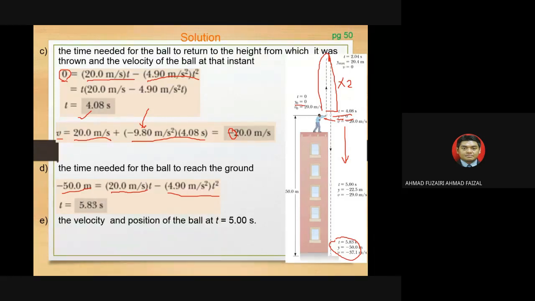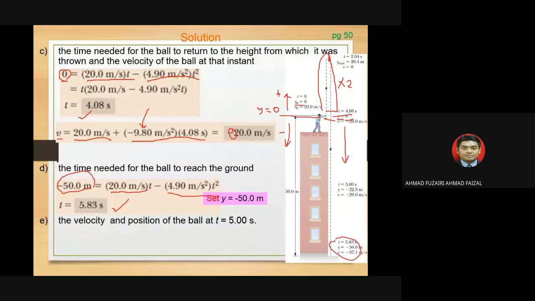Again, we use delta y equal to negative 50 meters because we set y as negative below 0, meaning this is your reference point, y equals 0. Anything above 0 will be positive, below 0 will be negative. That's why your delta y will be negative 50 meters. By calculating this, you can find t equals 5.83 seconds.